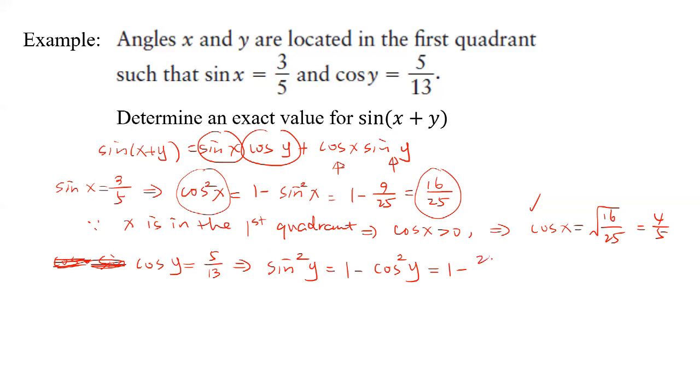Which is 1 minus 25/169, which is 144/169, right? Again, if sine y squared is this number, sine y could be positive or negative, right? But note that y is also in the first quadrant.